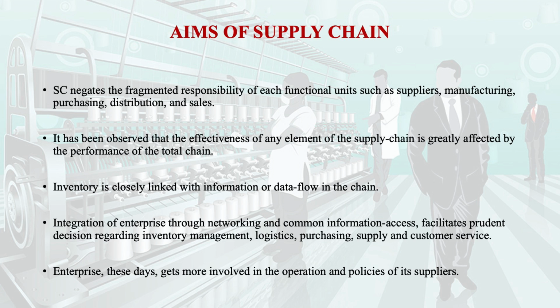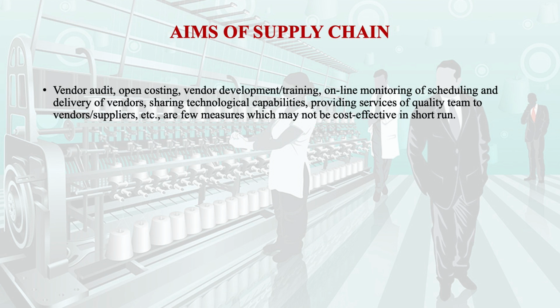There are certain other aims such as vendor auditing, open costing, vendor development training, online monitoring of scheduling and delivery of vendors, sharing technological capabilities, and providing services of a quality team to vendor suppliers.